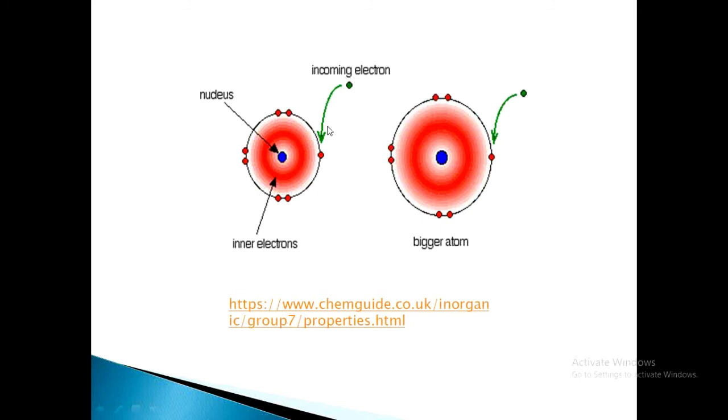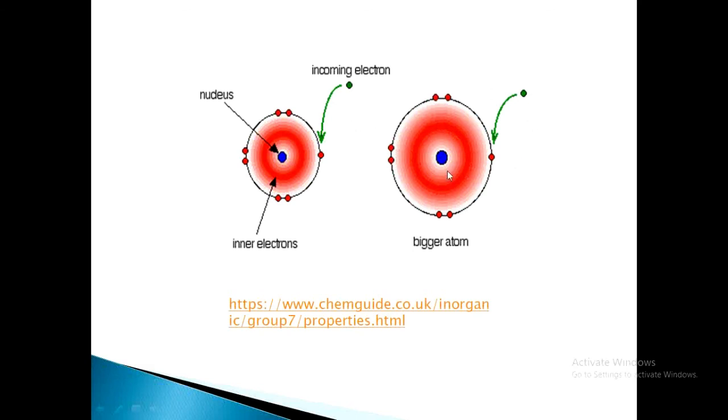When it moves into the outer shell of the atom, the nuclear pull attracts that electron and holds it within its outer shell, that is its ultimate shell. So as the electron moves from a higher energy level to a lower energy level, a net energy loss takes place.